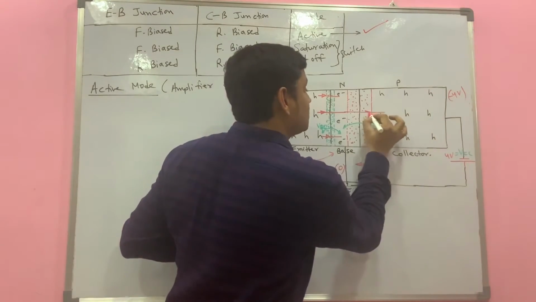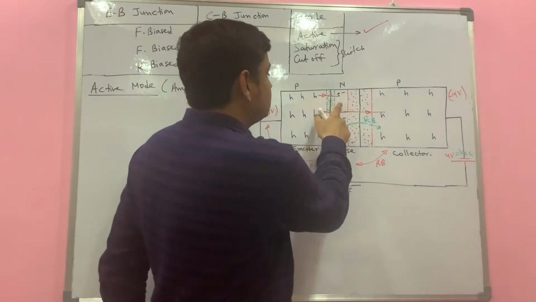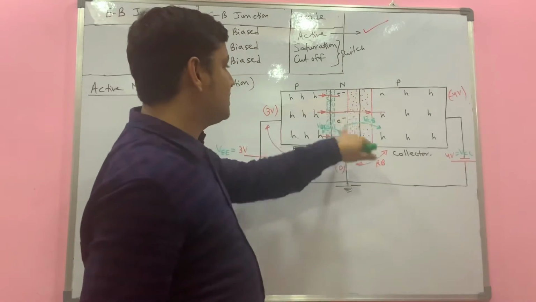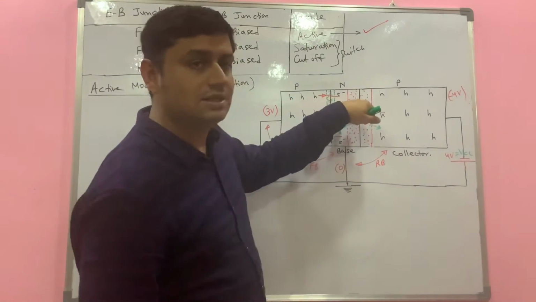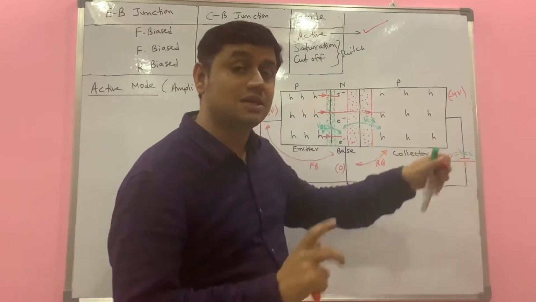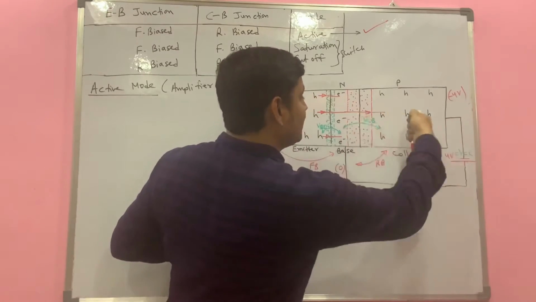Now why would they cross it? Because these holes which have reached the N part, the base, that is N type, are minority charge carriers, and reverse biasing supports minority charge carriers, because here the negative potential is pulling these holes.